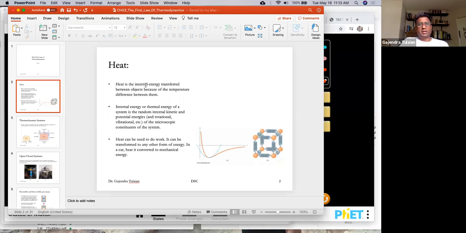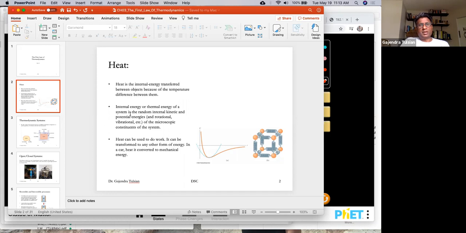Heat is the internal energy transferred between objects because of the temperature difference between them. If you bring two objects in thermal contact, and they have a temperature difference, then heat will flow from the hotter object to the colder object. What is being lost is that random kinetic and potential energy.